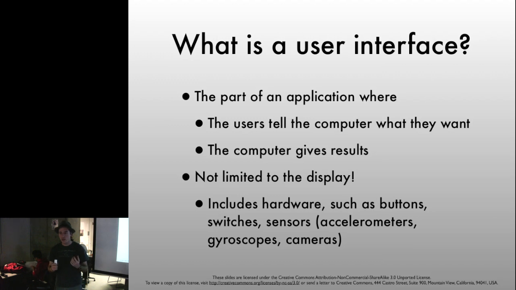We have, for example, accelerometers, gyroscopes, physical switches, physical buttons, and other sensors like cameras and GPS. Those are all part of the user interface. So when you're designing, especially a mobile app, it's important to think about not just the display and all the buttons and things on the display, but also all the other hardware aspects of the device you're working with.